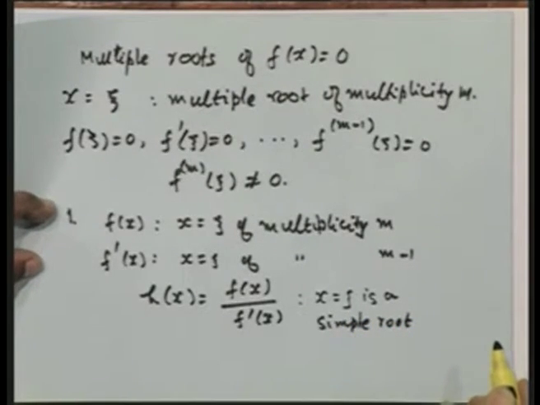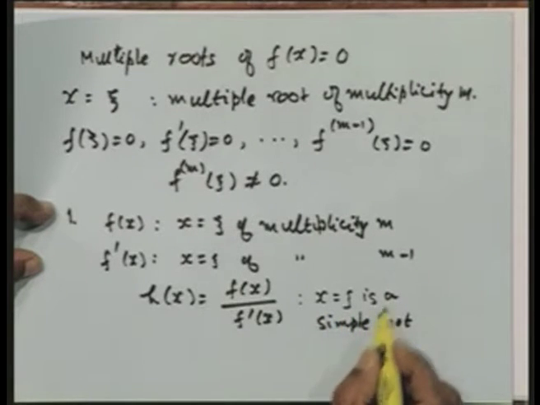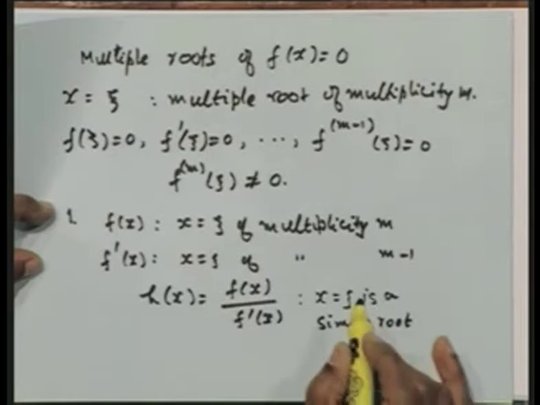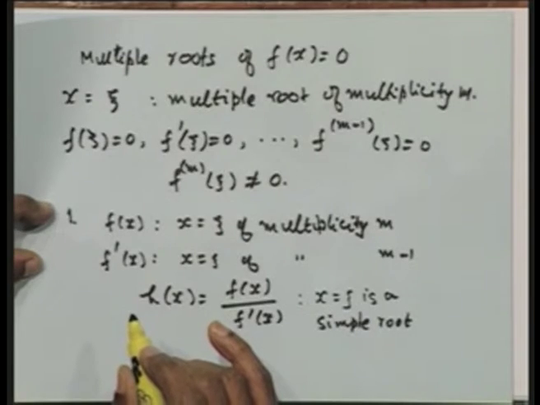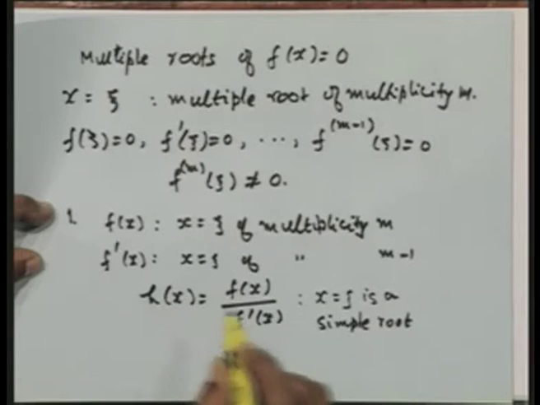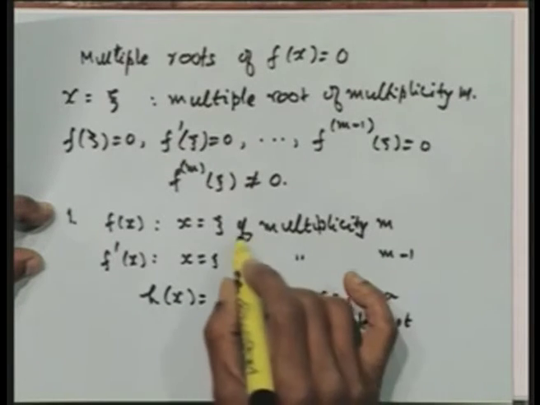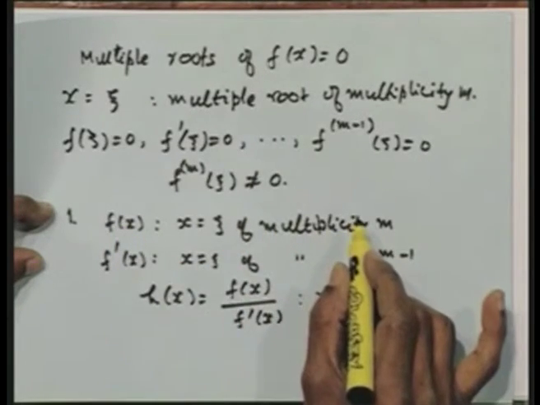What does this imply? Since x = xi is a simple root, I can now apply all the available methods that we have discussed for finding the simple root of h(x) = 0, and hence the multiple root of f(x) = 0, which is of multiplicity m.